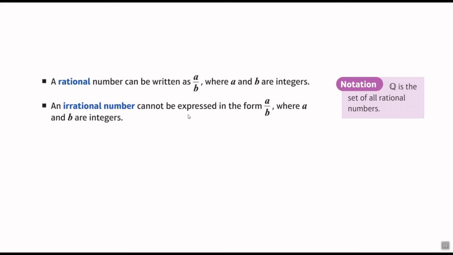An irrational number cannot be expressed in the form a divided by b, where a and b are integers. You need this knowledge to solve the next problem.